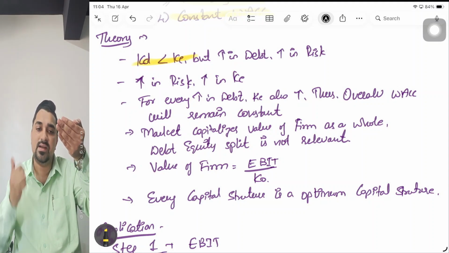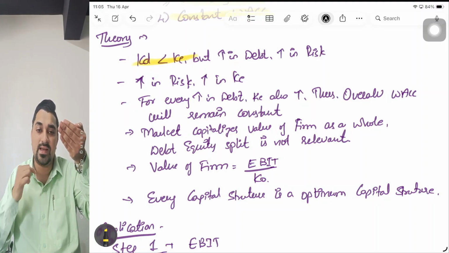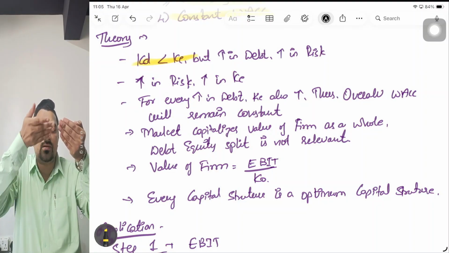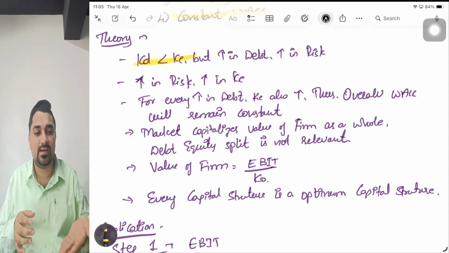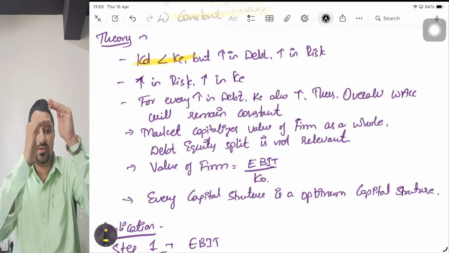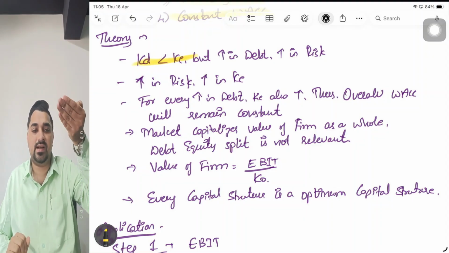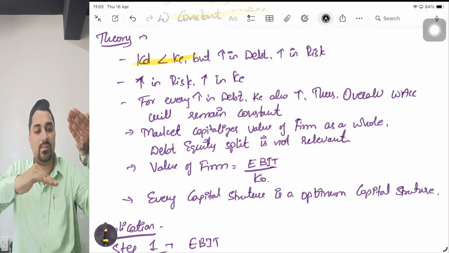Who will take that risk? Equity shareholders. When he is taking more risk, he expects more returns. So my KE, instead of coming down or being constant, will also start rising. In other words, I was trying to achieve a benefit by increasing the proportion of debt so that WACC will come down. I'll not be able to do that because for every increase in debt, my risk will increase, and the WACC, instead of coming down, will remain constant.